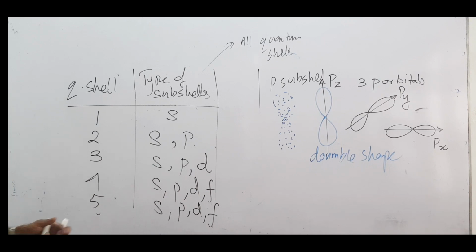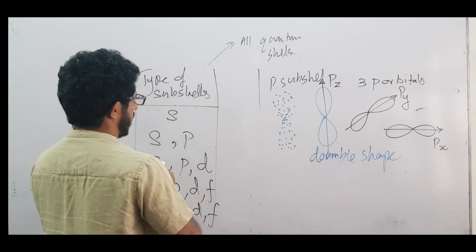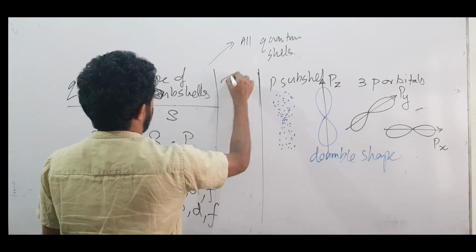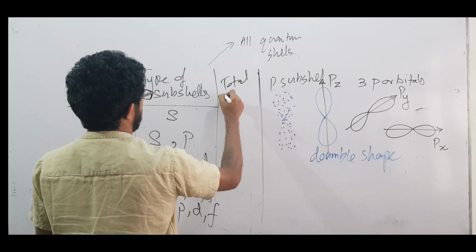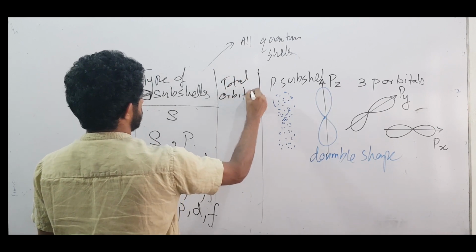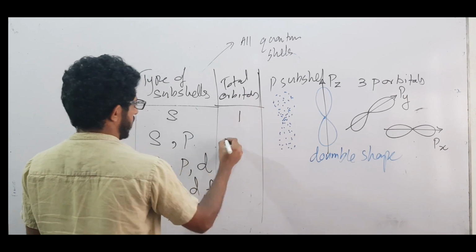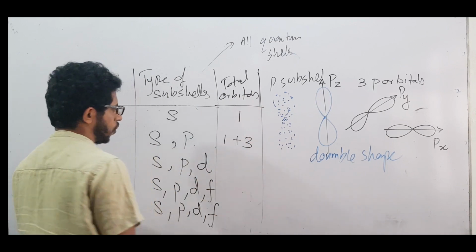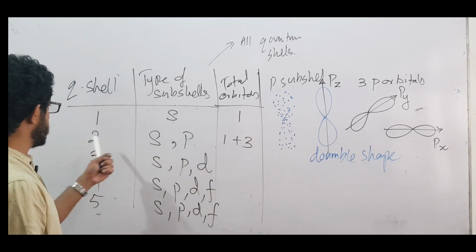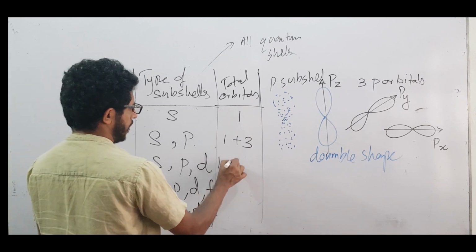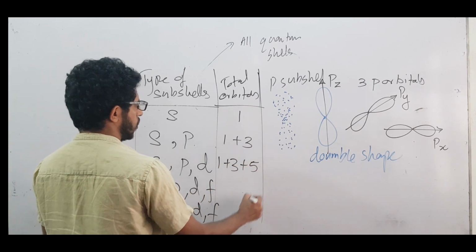So, if I draw the total orbitals: s only 1, here 1 plus 3, so total 4 orbitals are there in the second quantum shell, here 1 plus 3 plus 5, so total 9.